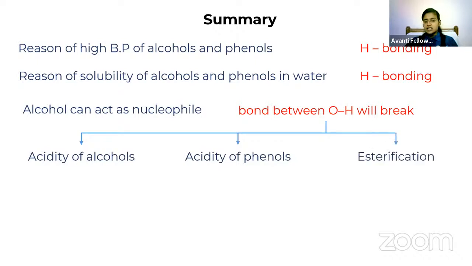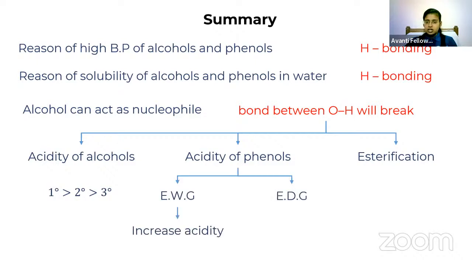And talking about the acidity of alcohol, primary alcohol will be more acidic than secondary than tertiary. And in case of acidity of phenol, phenols are actually more acidic compared to alcohol. And if electron withdrawing group is present in the ring, it increases the acidity. And if electron donating group is present in the ring, it decreases the acidity, right?